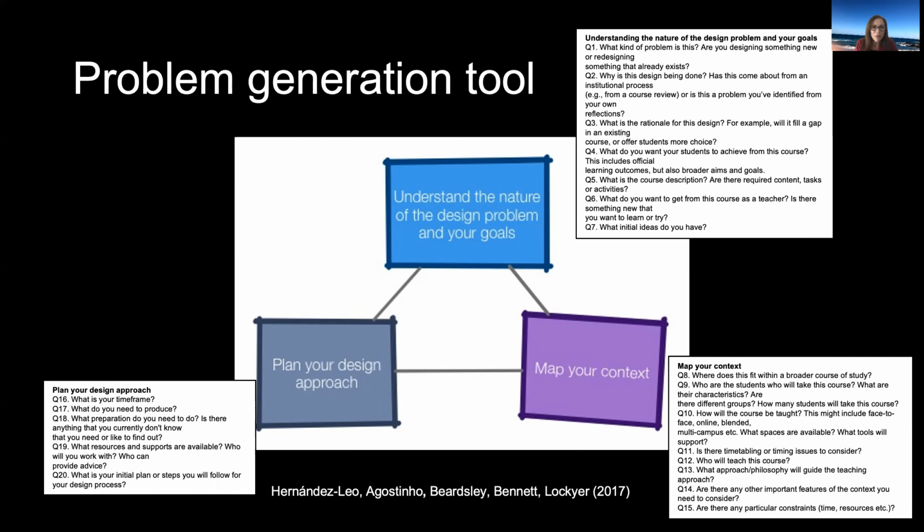So this tool that we've developed provides stimulus questions to help you stimulate your design thinking about a design problem. And this is one of the tools available in the Integrated Learning Design Environment platform that is aimed to support teachers in helping them with their design work.